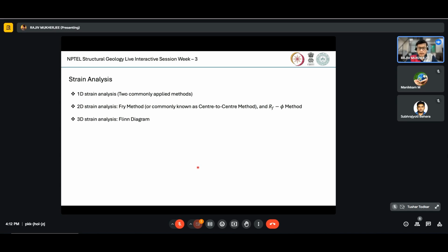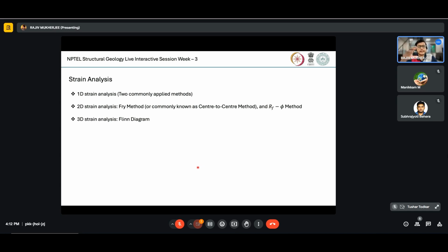Now, the most important part is that the component of ductile deformation or plastic deformation, so-called permanent deformation in rocks, these things are comprehended through strain analysis. I mean, we have developed some methods through which we can actually determine how much strain has been accommodated to that particular rock unit we are studying.